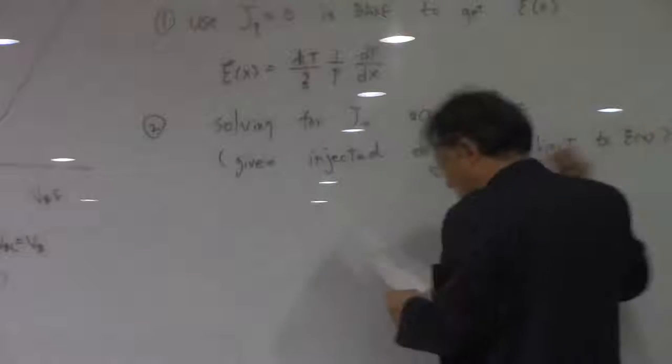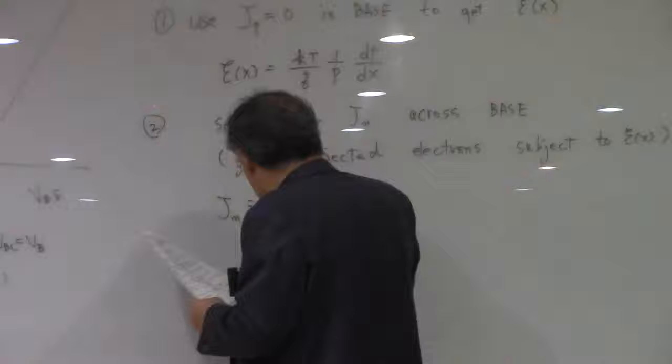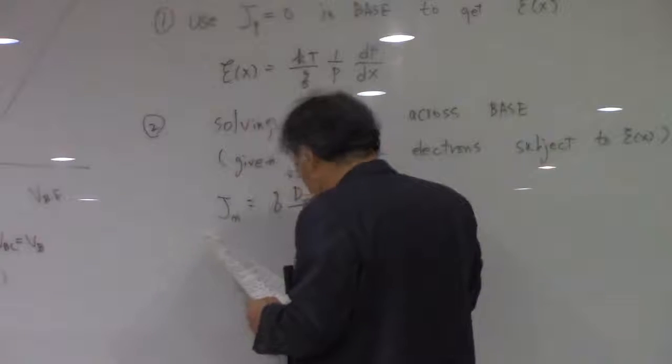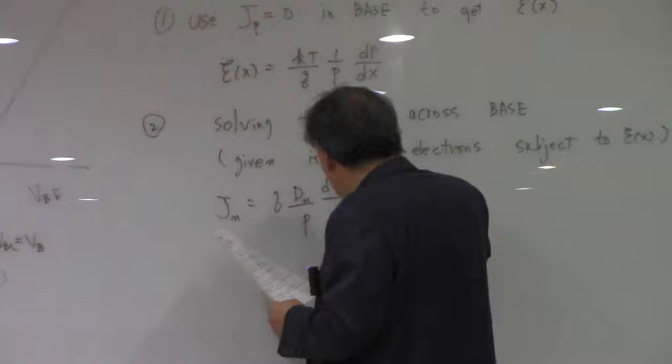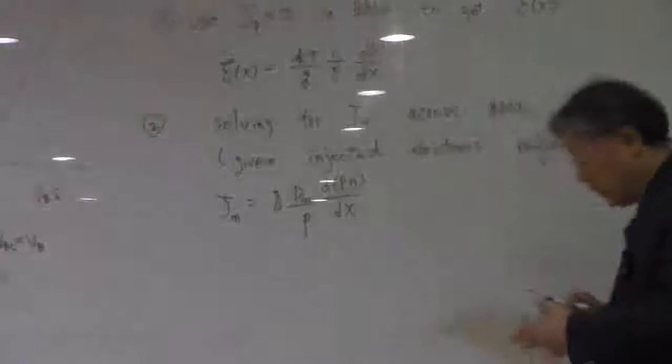All right, and then Jn is dPn over dx. It can be written as this, right?